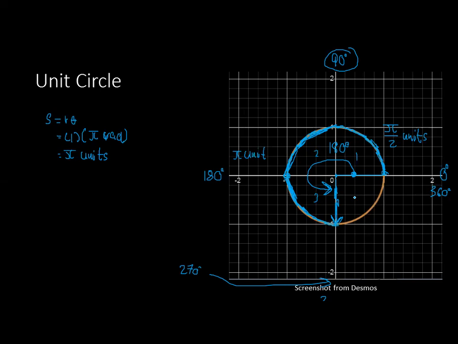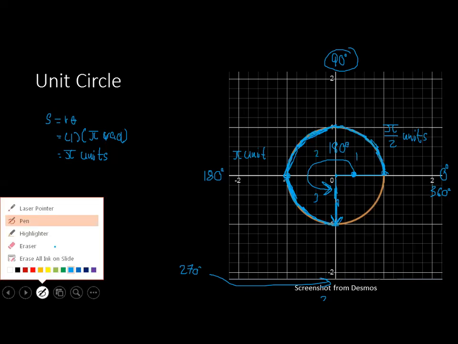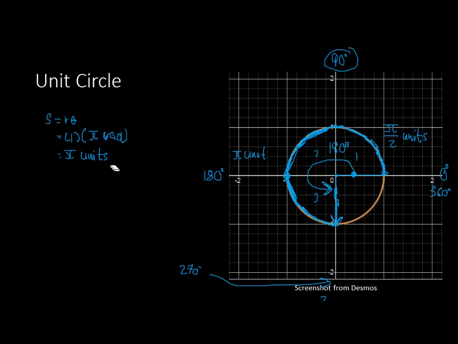So here, let's find the arc length. We can do it the same way. 1 times the angle here, this is 270 degrees. So 270 degrees is the same as pi plus pi all over 2. I'm just making sure, guys. So this is 3 pi.